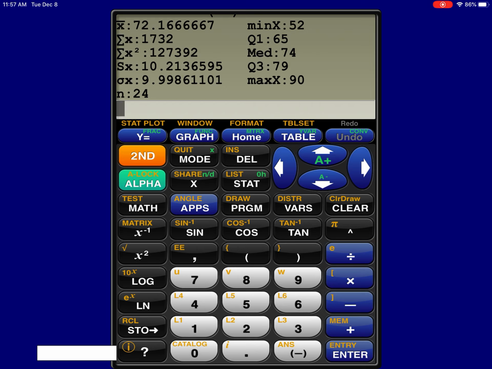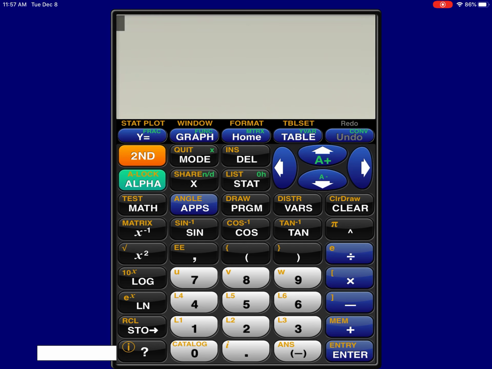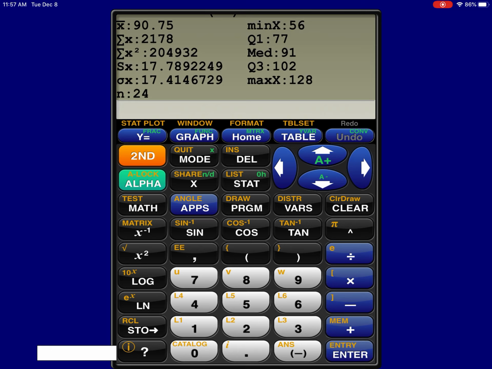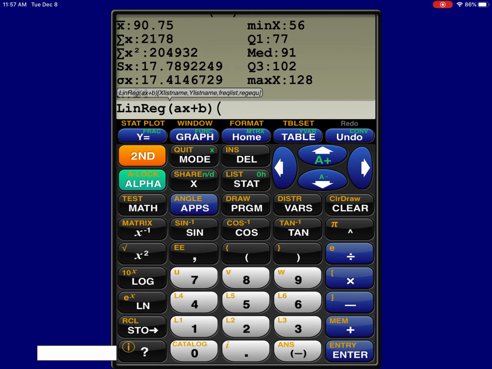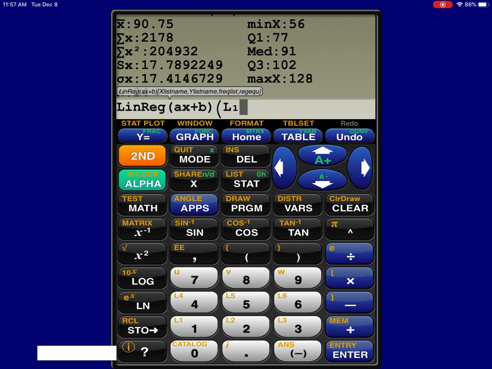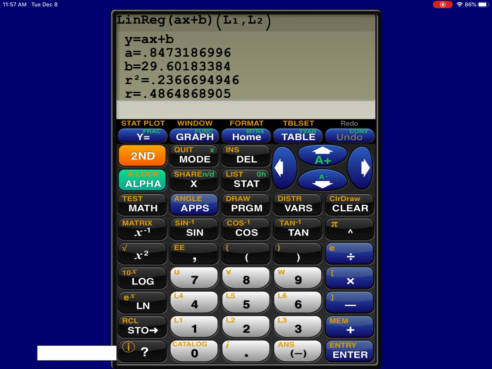Then if you did stat calc, one var stats L2, you need Y bar and SY, or standard deviation of the Y list. And then to get your correlation value, just do stat calc lin reg L1 L2. And then there is your R value.